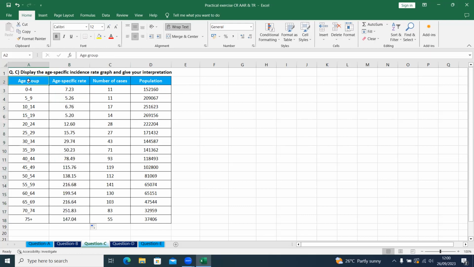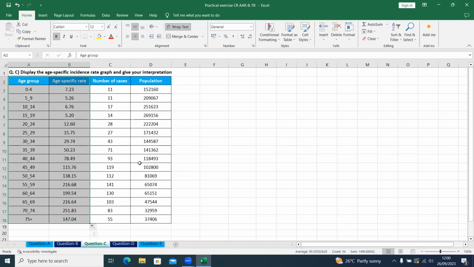Please do the calculation along with me. Please let me know whether you all have calculated the age specific rate for all age groups. You got the answer? Okay. So you all have the age specific rate.